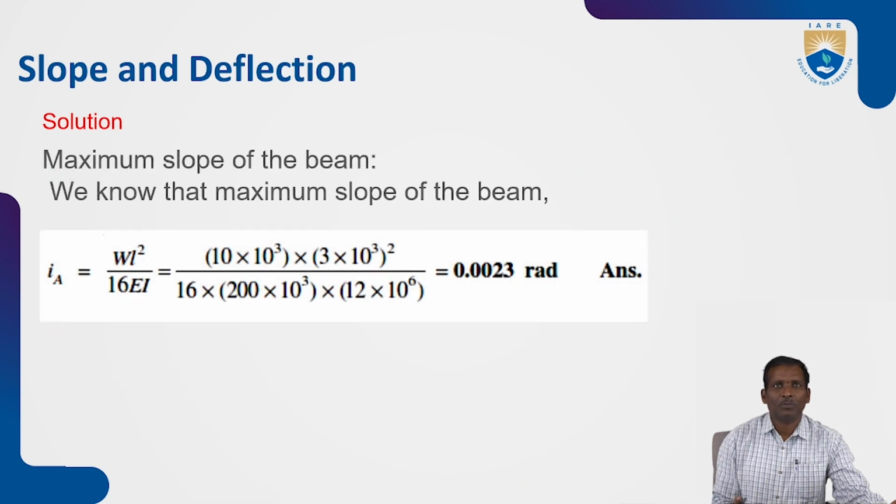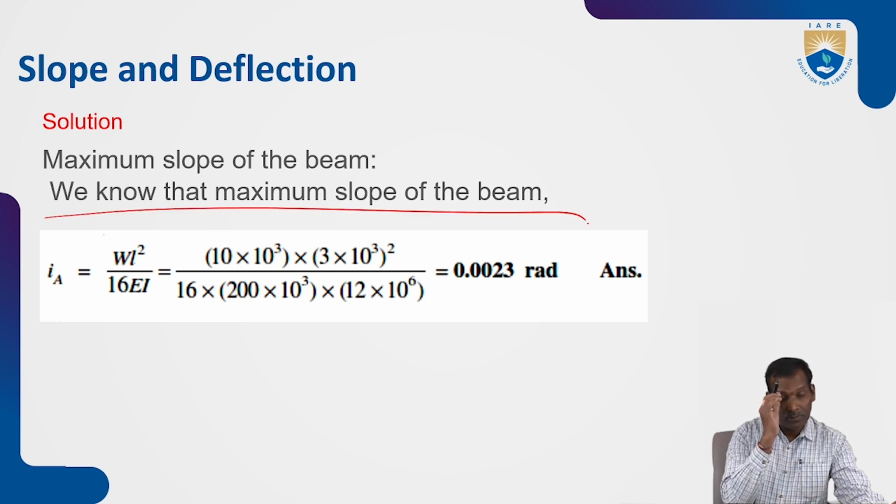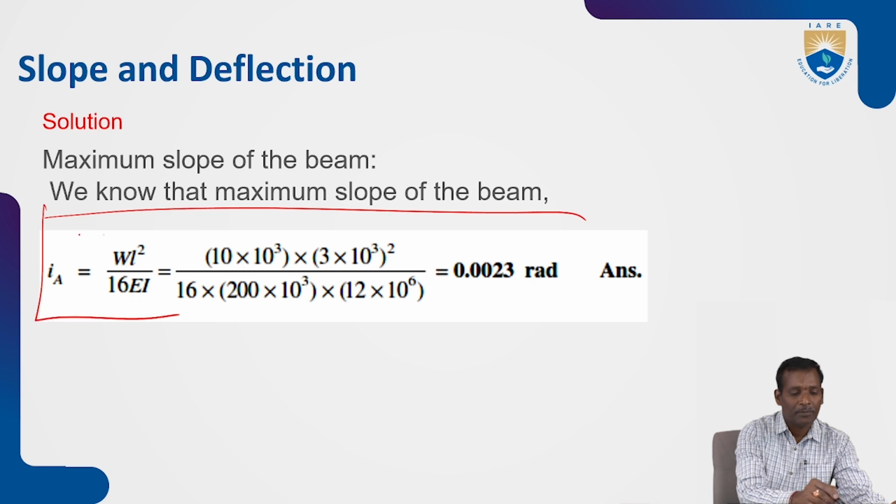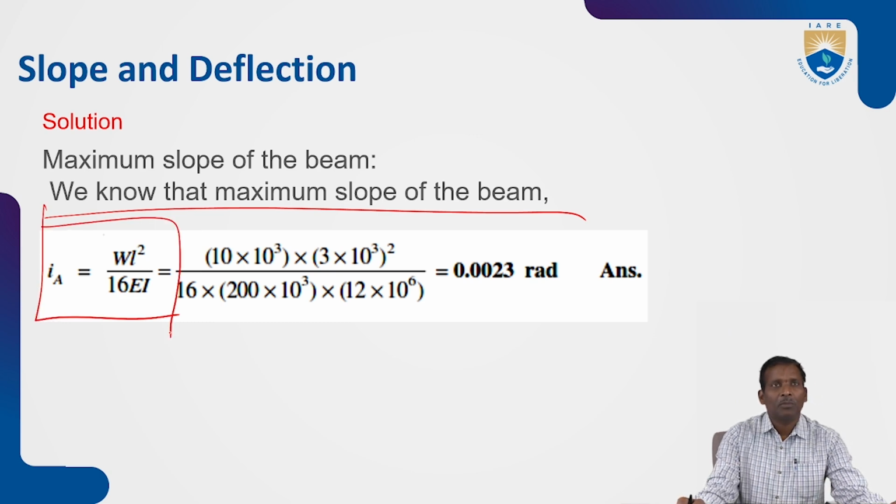Okay, the maximum slope of the beam. We have already covered the slope equation in the theory part: WL square by 16 EI. For these questions, you only have to apply the formulas you learned.